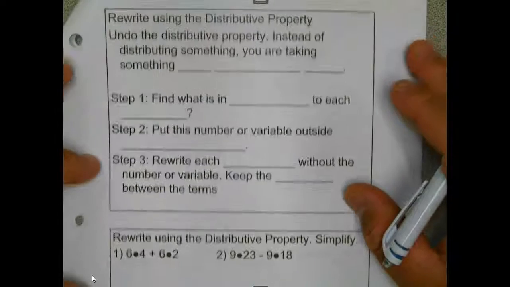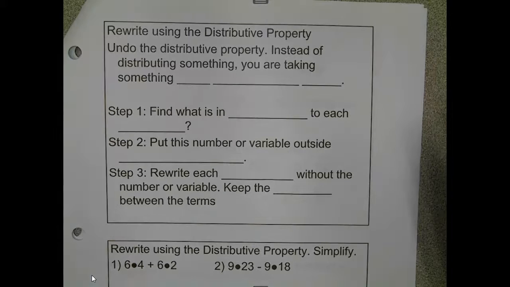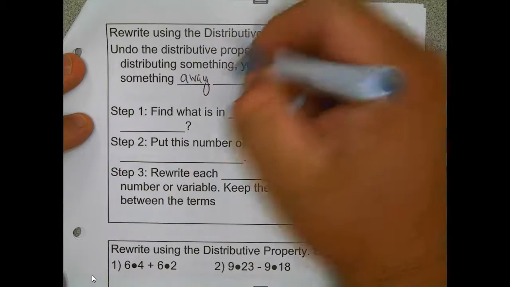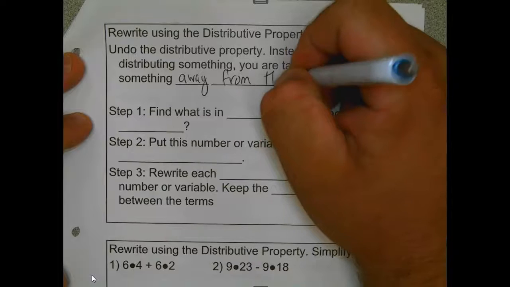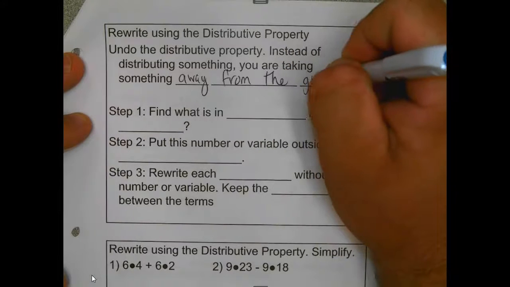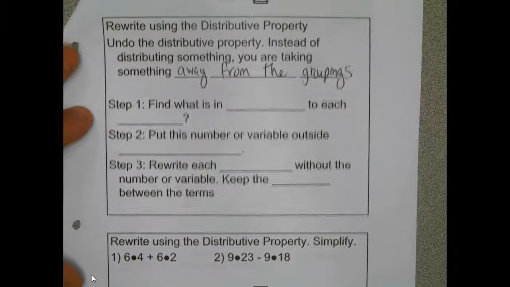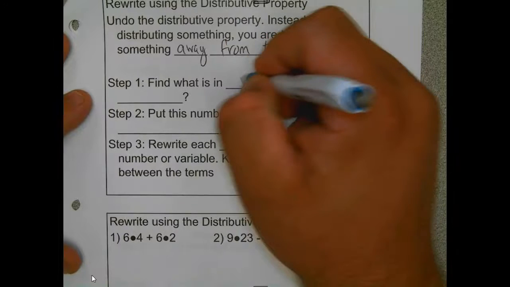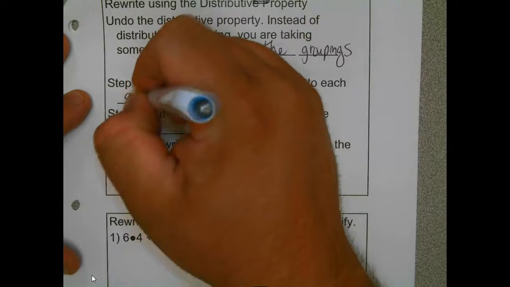You also can use the distributive property backwards. When you undo the distributive property, instead of distributing something, you are taking something away from the group. The important thing about undoing the distributive property is you find what is common to each group.